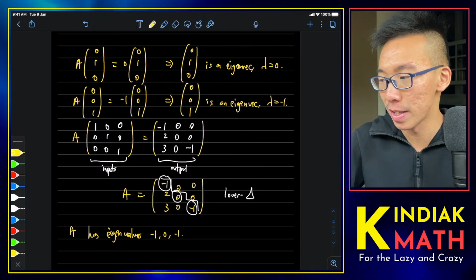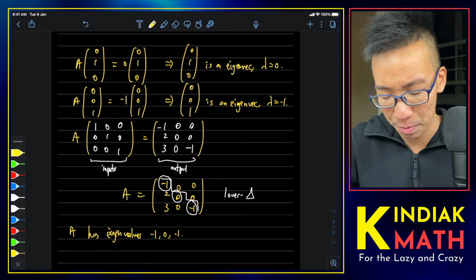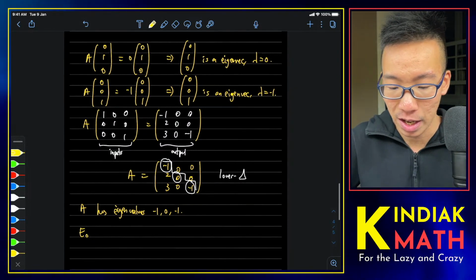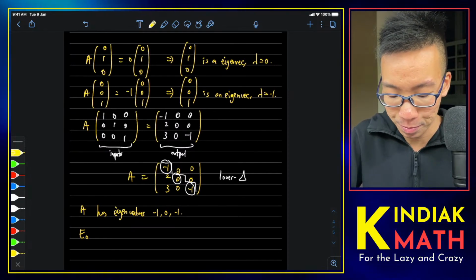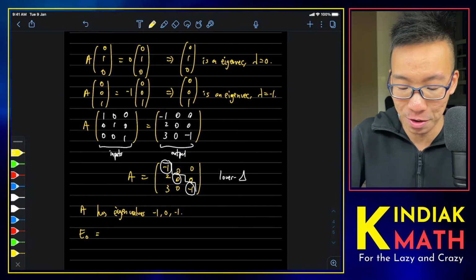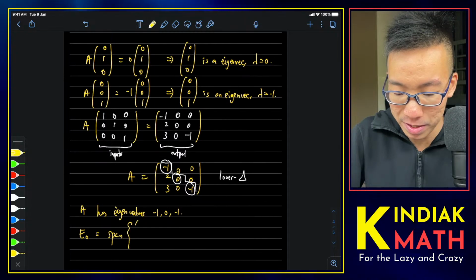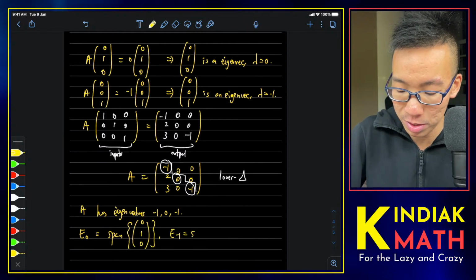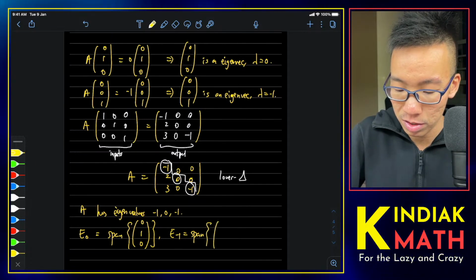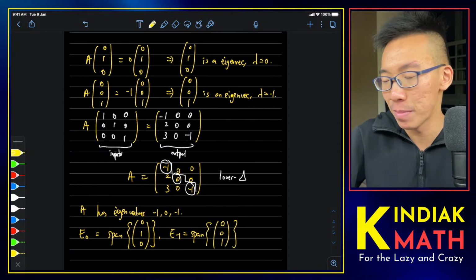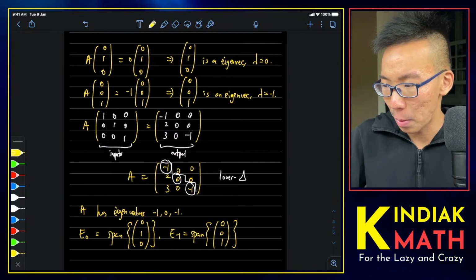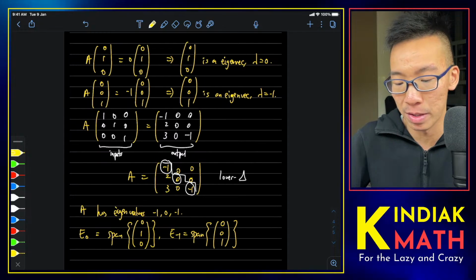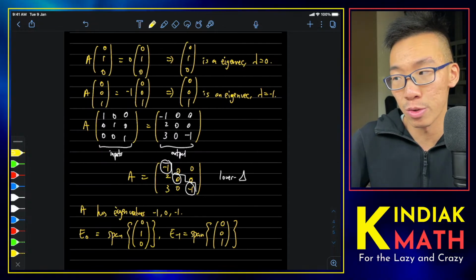And so what happens here is that you have the eigenspace associated with the 0 eigenvalue, with basis 0, 1, 0, and -1 equals the span of 0, 0, 1. Help me check if this is really the case, but if I recall correctly, this is probably the solution.